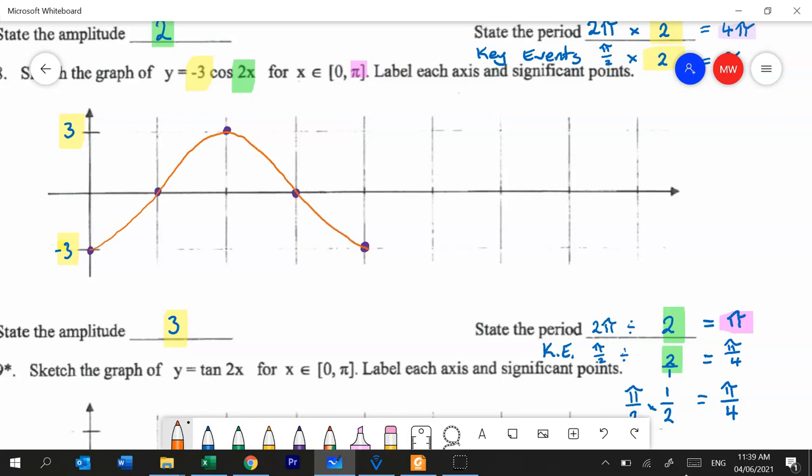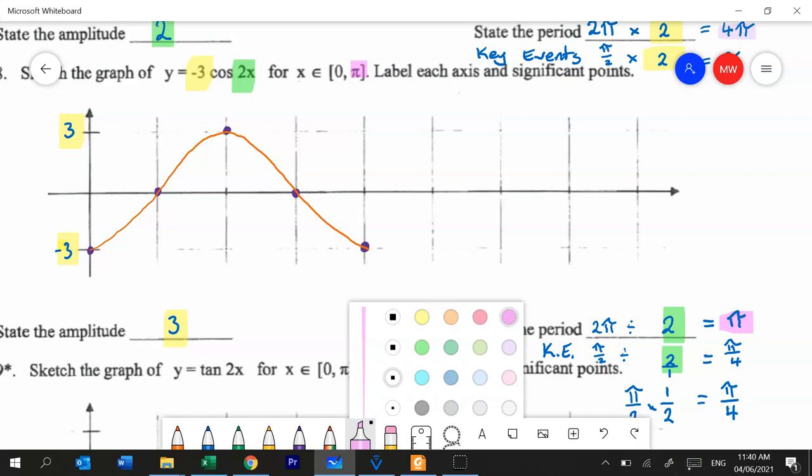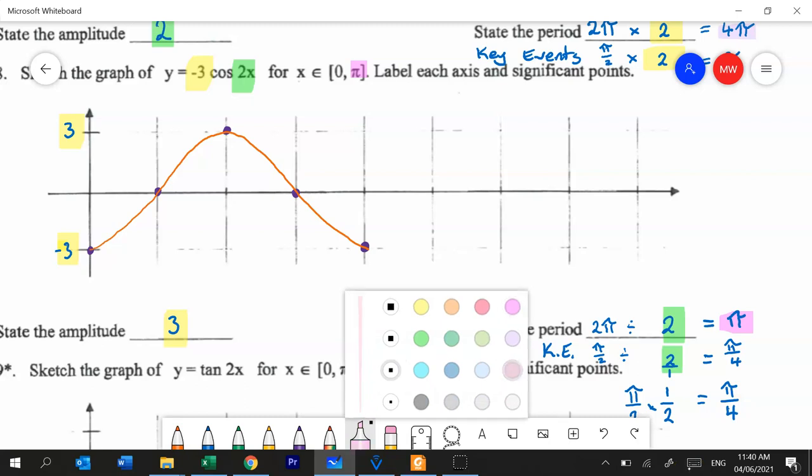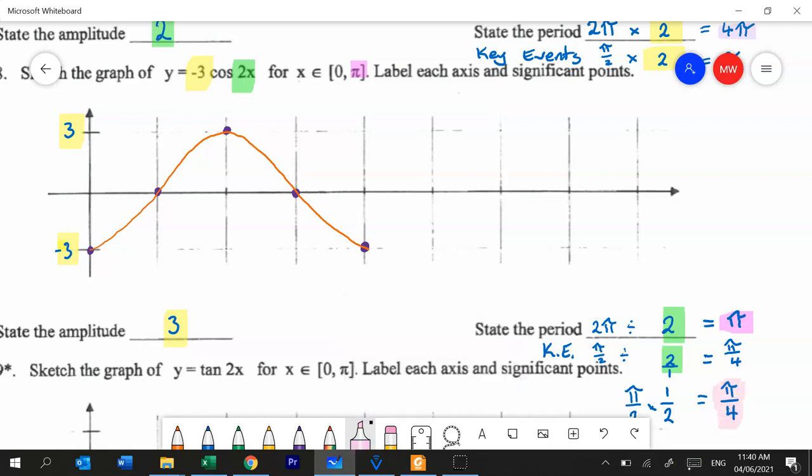And now we need to go through and we need to label each of those points. Remembering here, now I'm taking from here that each key event happens at pi on 4. So we're going to have the first one here at pi on 4, minus 3.